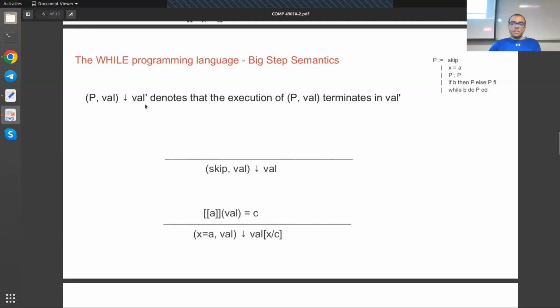So the really big difference between big step and small step is that in small step semantics, you had a way of running one step of the program, even if your program was not supposed to terminate overall. Right? So even if your program didn't terminate, you could just run one step and then run another step and keep doing that forever. But here, actually, you only have rules that tell you what happens if the program terminates. So whenever you have this, termination is assumed.